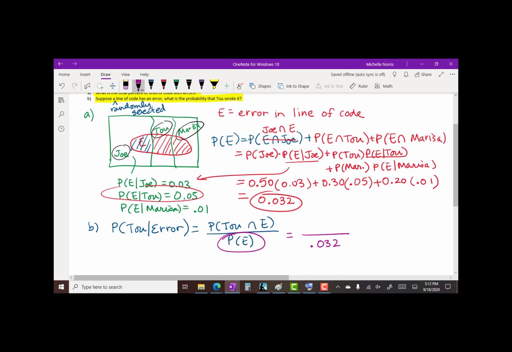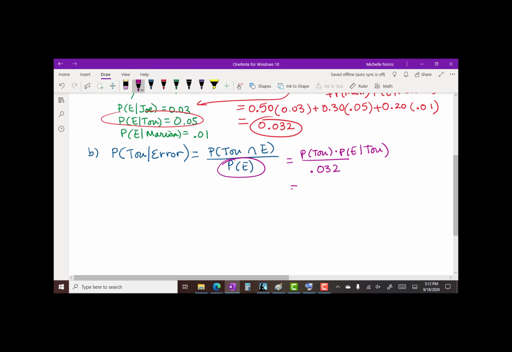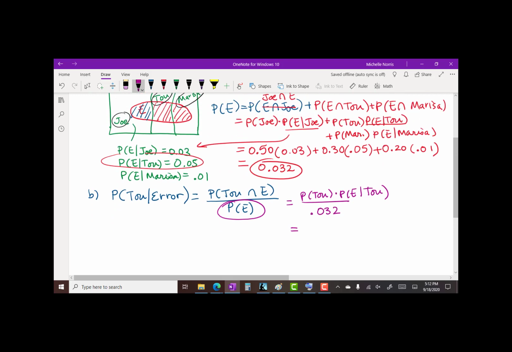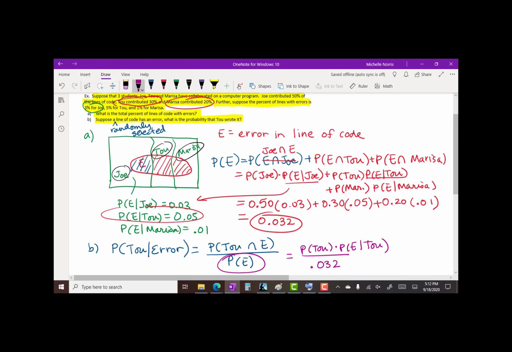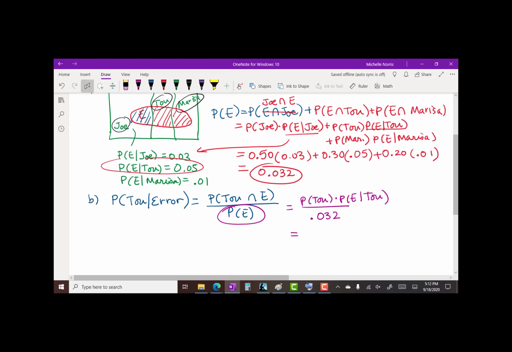For the numerator, I can use Bayes' rule or the multiplication rule, and I'm going to rewrite it as the probability that 2 wrote the line of code times the probability of an error given that 2 wrote the line of code. I can figure that out now. The probability 2 wrote the line of code, he wrote 30% of the lines of code, so that's 0.30, and his error rate was 0.05.